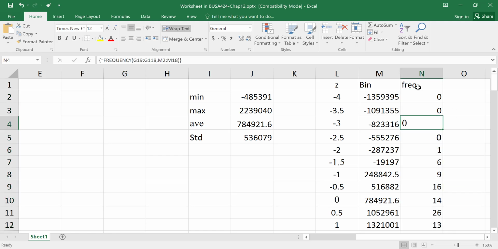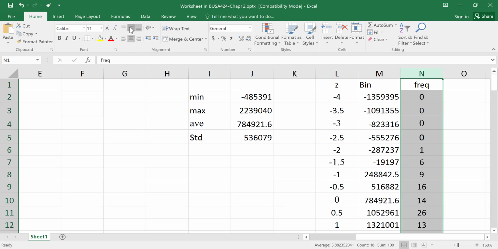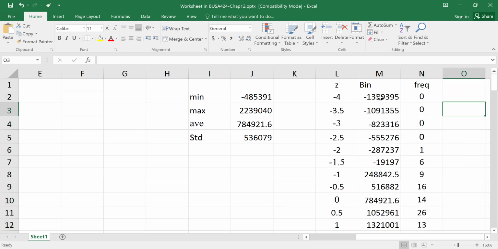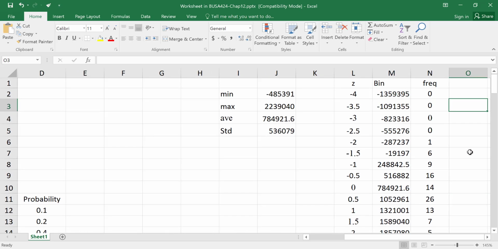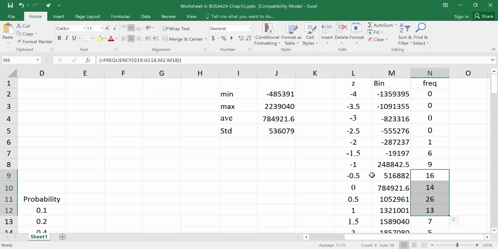So you can see the frequency represents the number of values that are smaller than this value, which is 0, and for example between these two is 0 again, between these two is 1, and so on. So this means how many times each of these numbers occurs. And you can see that most of these numbers are in the middle.